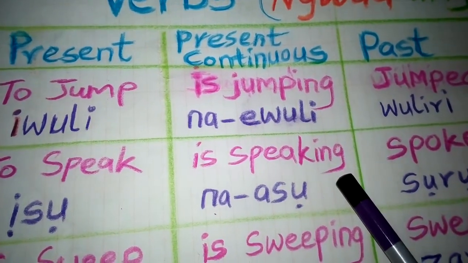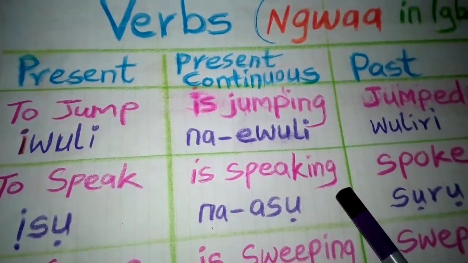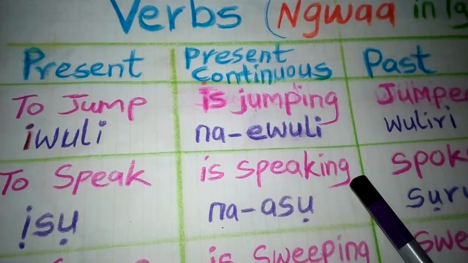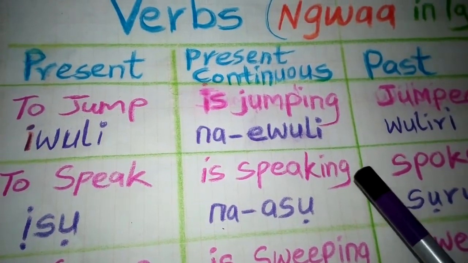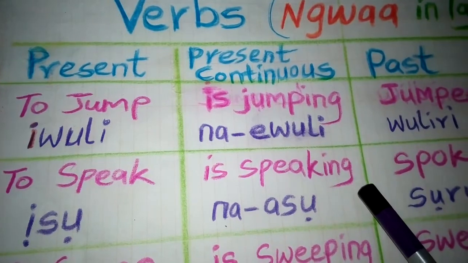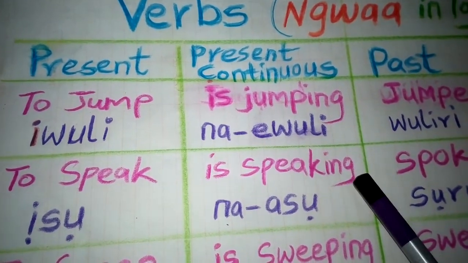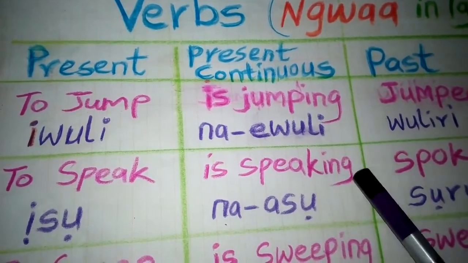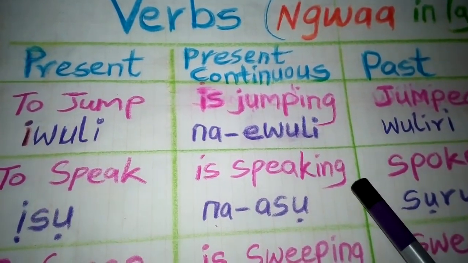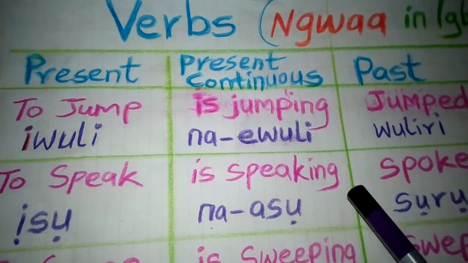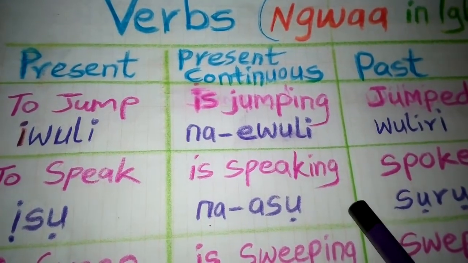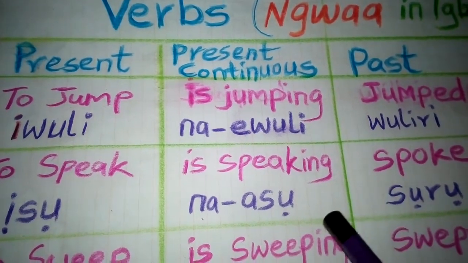We have different forms of verb, both in English and Igbo language. Like the infinitive form, which is the simple type of verb. It goes with "to" in English, but in Igbo language it goes with I, E, or E directly in front of the verb stem.